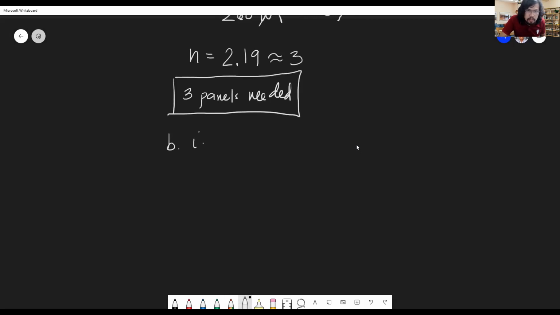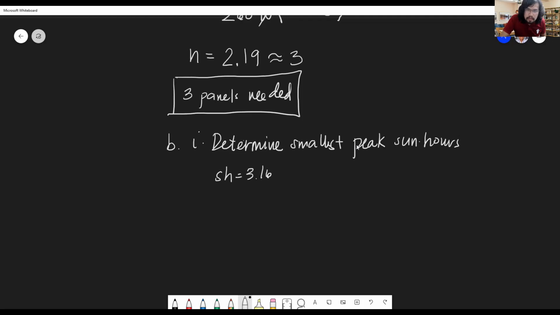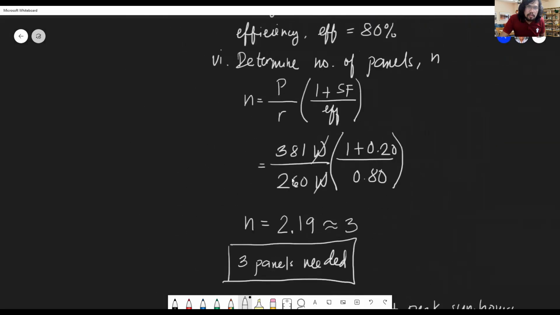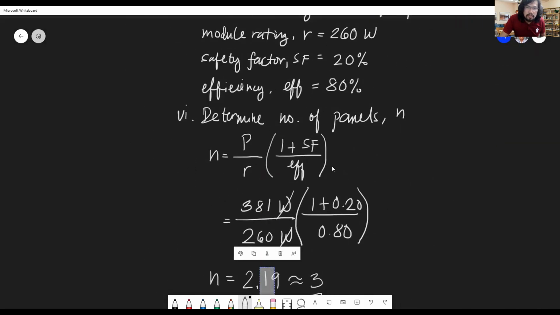What we first do is determine the smallest peak sun hours, and that is what we have. SH equals 3.16 kilowatt hours per m squared per day. And we continue again solving for our N using the same steps.